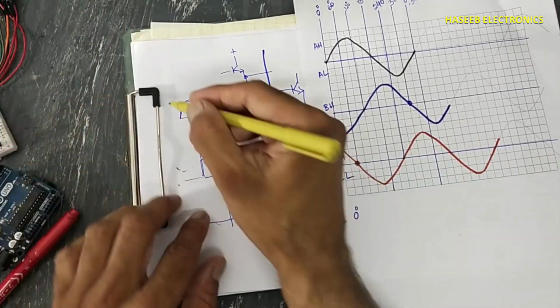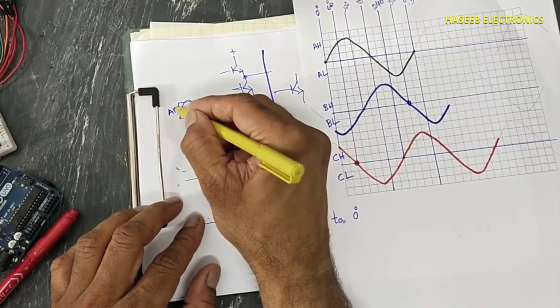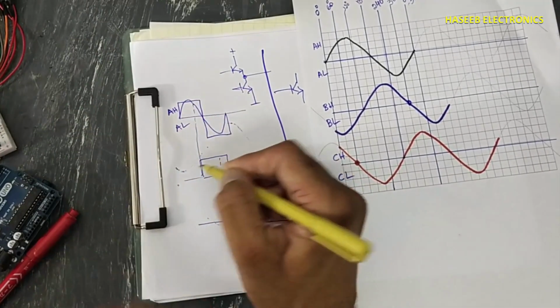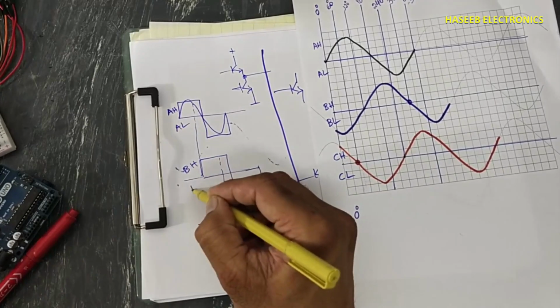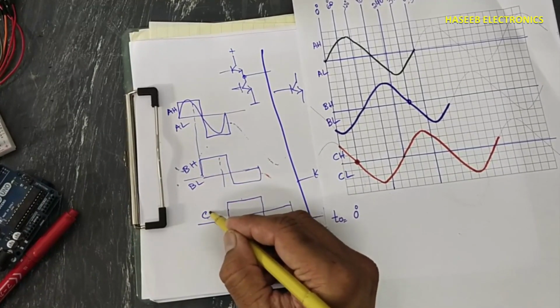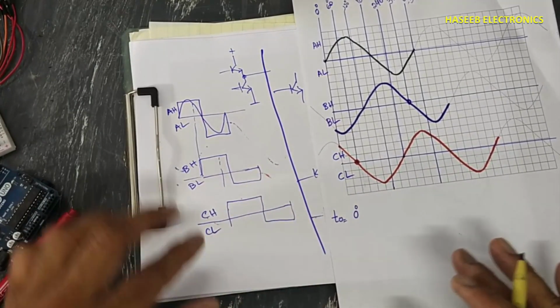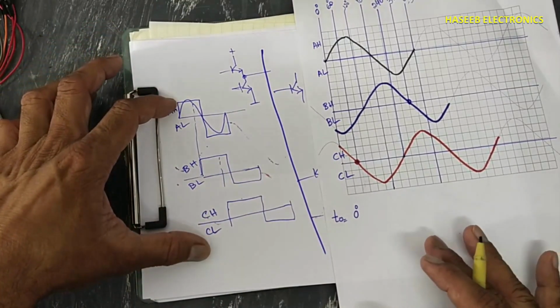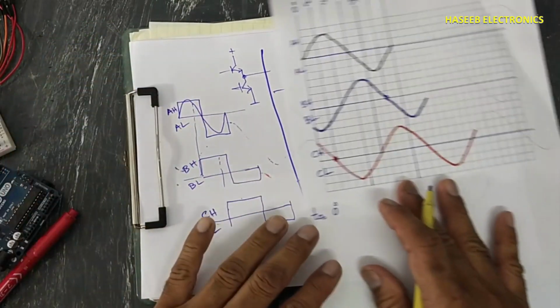We have A high, A low. B high, B low, C high, C low. We have 6 signals. We need 6 signals.